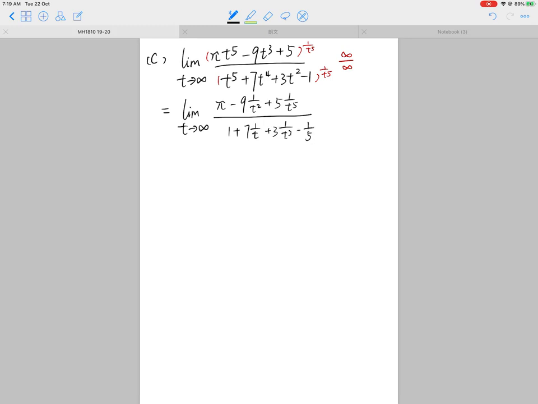So the result when x is approaching infinity, these are all 0, 0, 0, 0, 0. So the result is just pi.